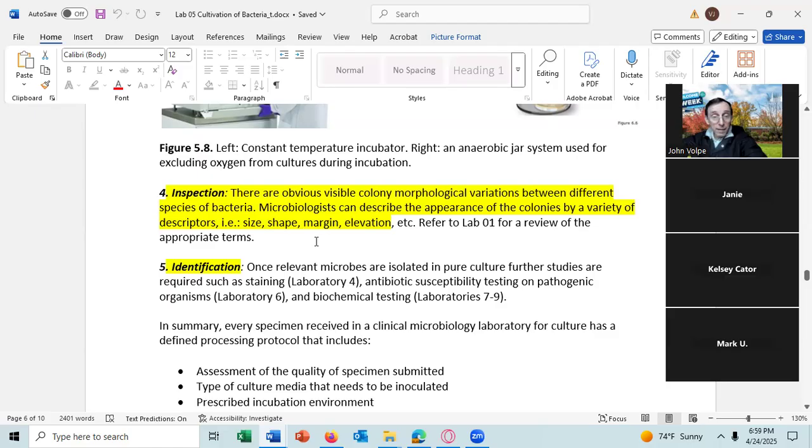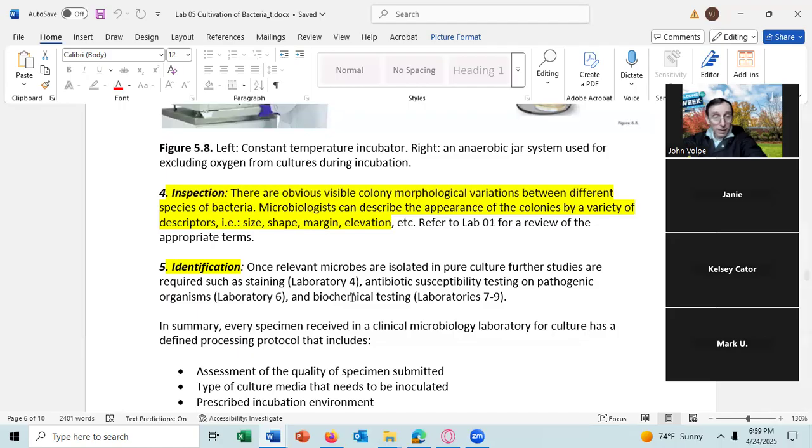However, it will not be enough to identify the species. You then have to identify the species by usually performing specific biochemical tests. And that's the way most labs do it.